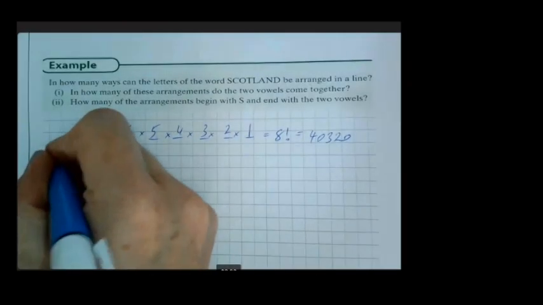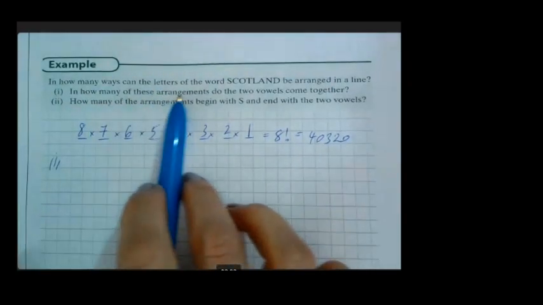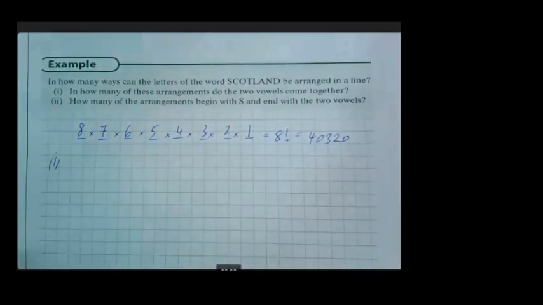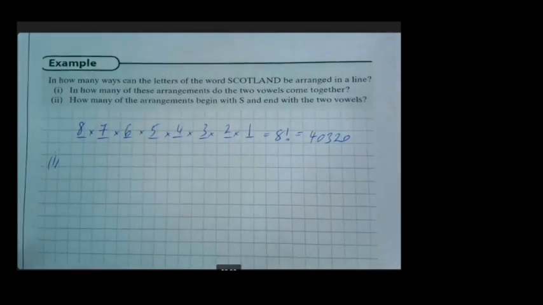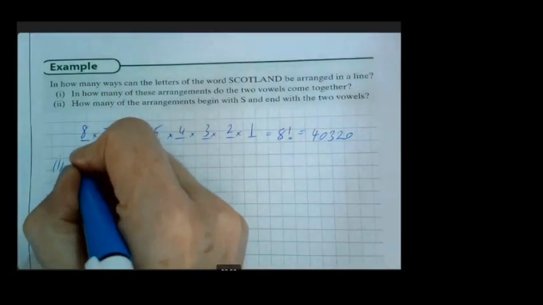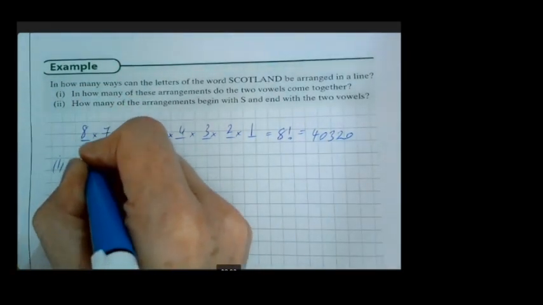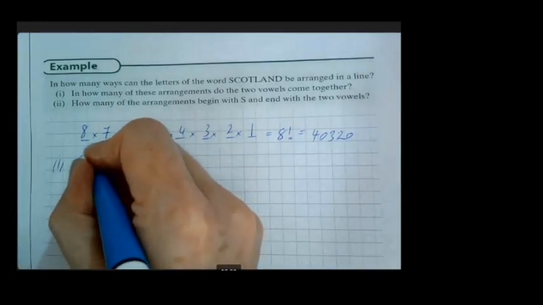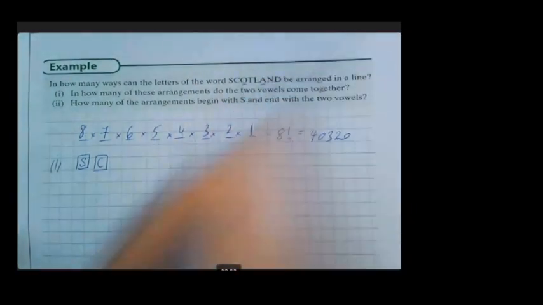Now, for part I, in how many of these arrangements do the 2 vowels come together? The best way to think about this, when we have letters coming together, is to think of the letters being on tiles that you're moving around. So we have S, we have C. Now I'm going to deal with my 2 vowels at the end.